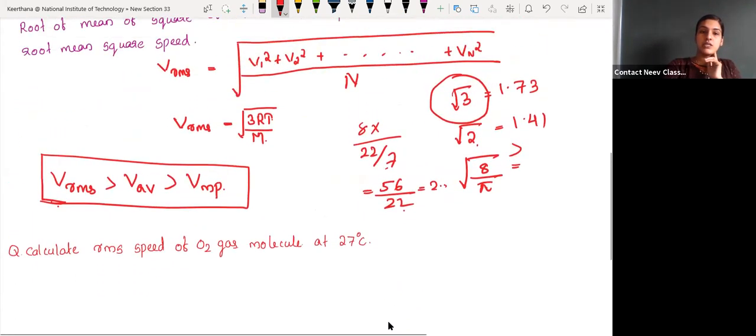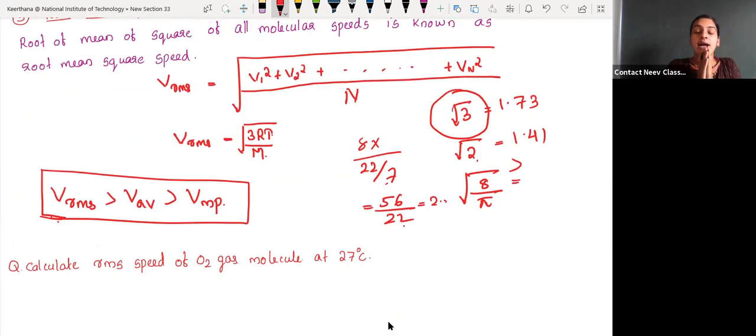The next question, just do this. Calculate the RMS speed of O2 gas molecule at 27 degrees Celsius. Temperature should be in Kelvin. And what is the R value which you are going to use?